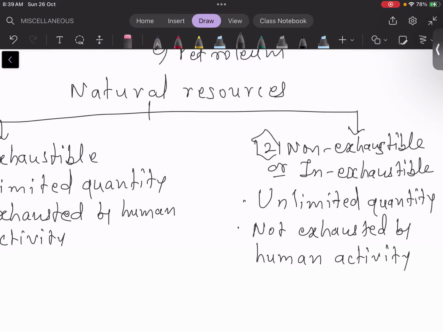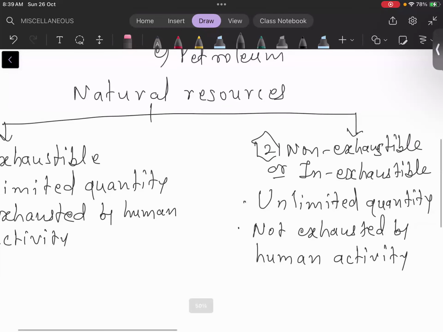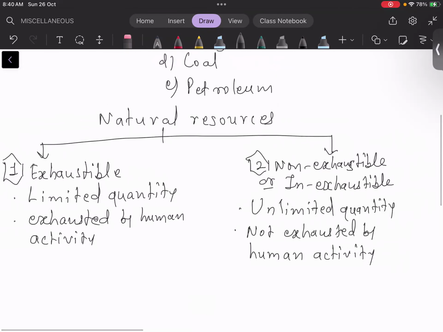So, what are exhaustible resources? Resources that are present in a limited amount and exhausted by human activity. And what are non-exhaustible resources? Resources that are present in unlimited quantity and are not exhausted by human activity. They are known as non-exhaustible or inexhaustible resources.